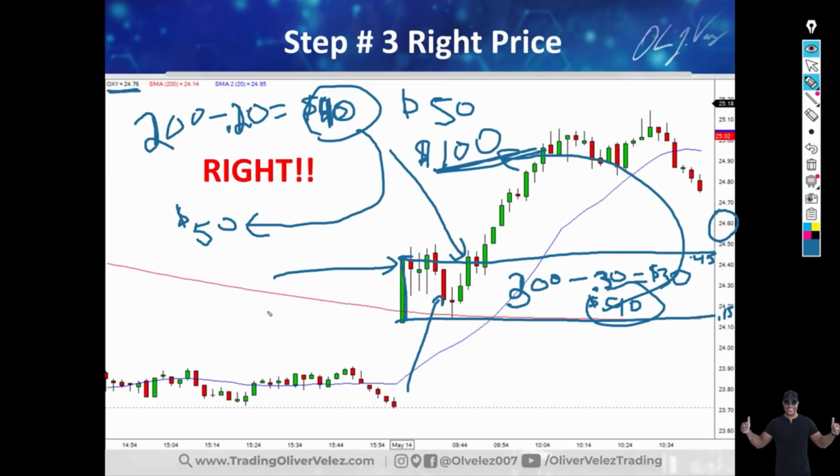Now, do you have any idea how many traders do not know what to trade, do not know what price range is perfect for them, and do not know when they should play a little heavier or when they should play at the lightest? Most traders are just guessing.